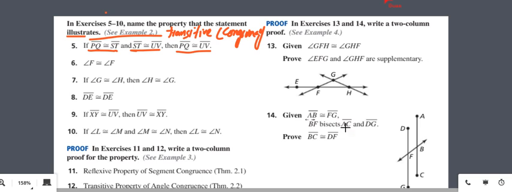Look, angle F is congruent to angle F. Which property is this? Every angle is congruent to itself, this is a self-congruency. So this property is called the reflexive property of congruency.